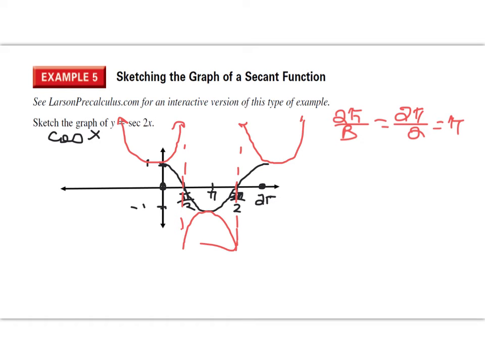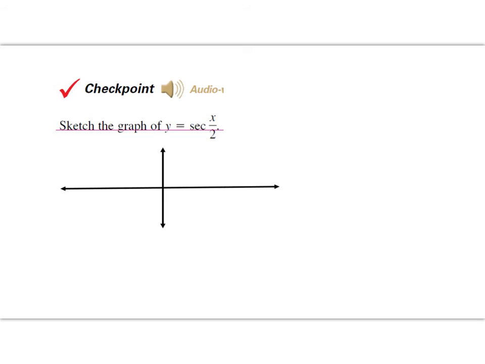If I shrink everything to pi, that means that this one would go like this, right? So now I need to take my things and just flip them over. So I did a complete cosine in pi. All right, it's your turn, so go ahead and pause and come back when you finish and see if you did it right.